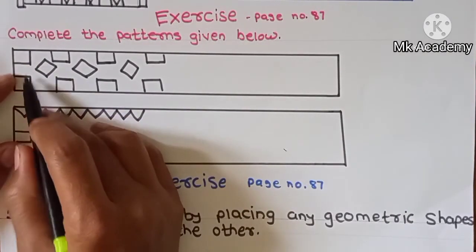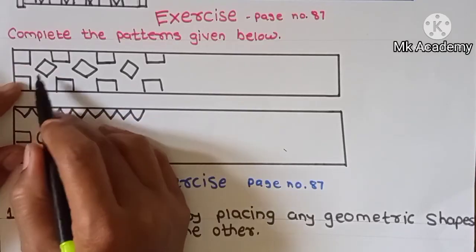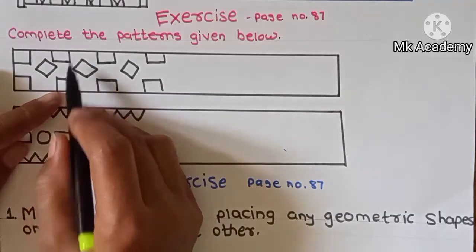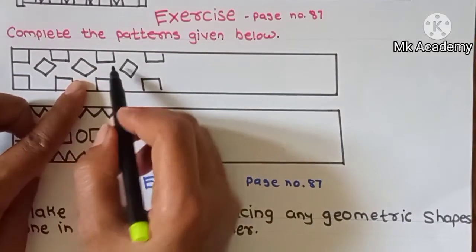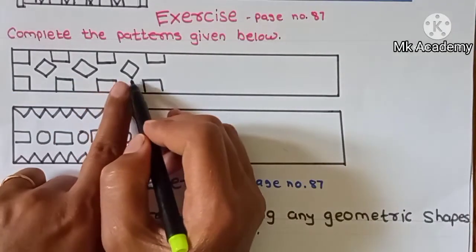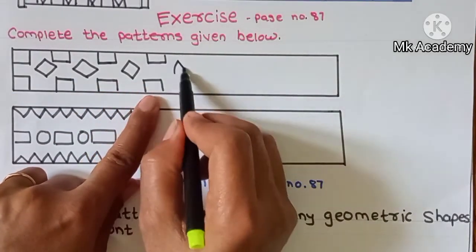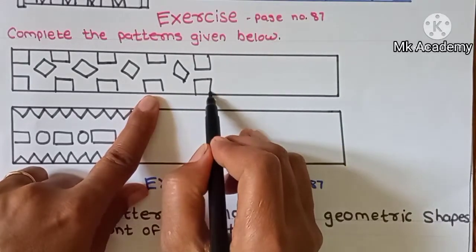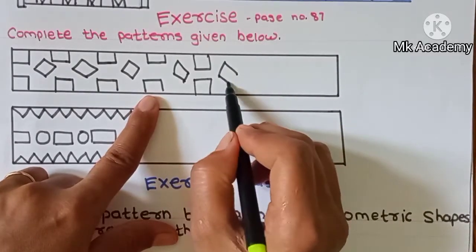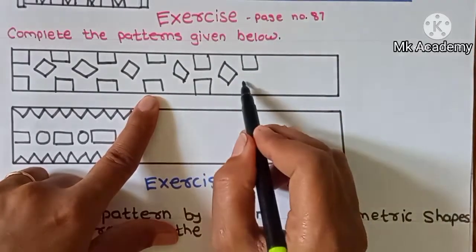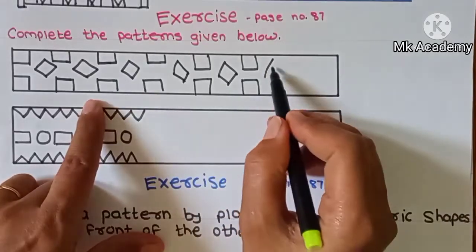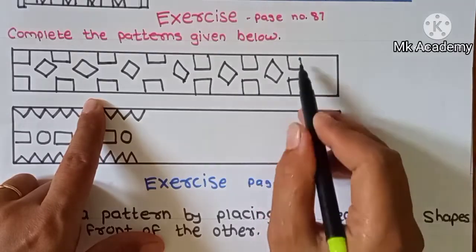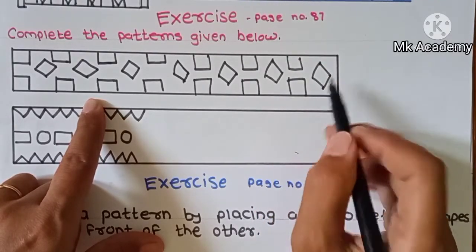Above and below there are two square shapes, then a diamond in the middle, then again two square shapes above and below, and then a diamond shape, again two squares, then diamond, and so on. The pattern continues: two squares, then a diamond shape.